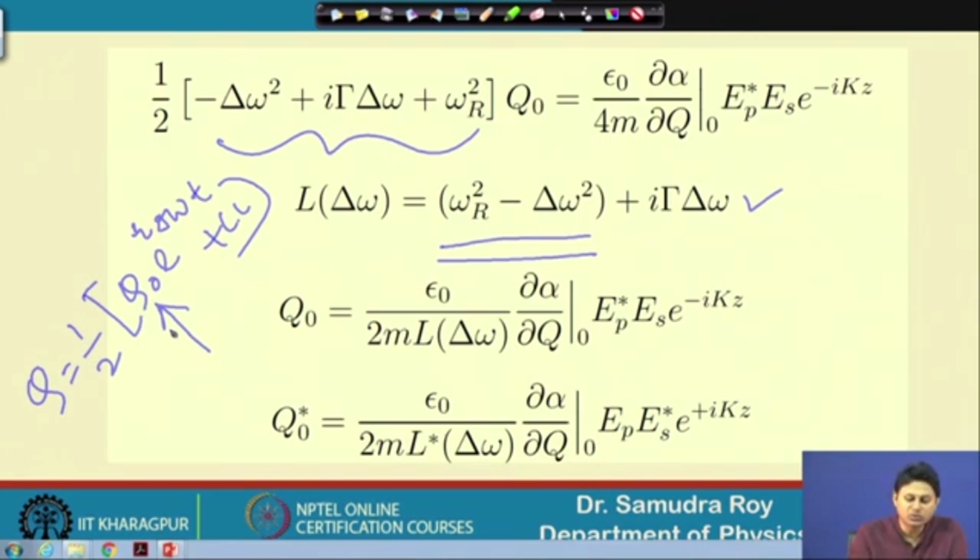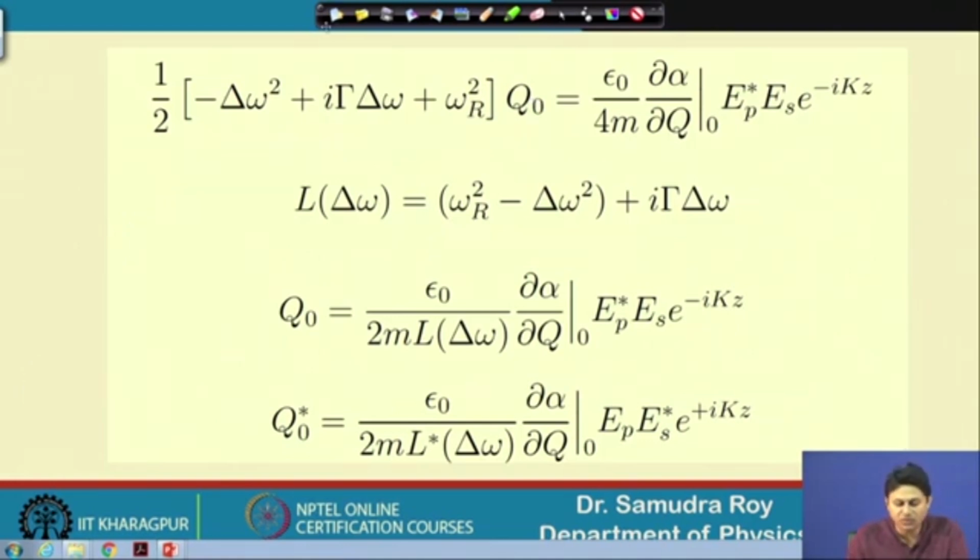Put this solution here and extract the value of q0. When we extract it, q0 is simply epsilon 0 over 2 m L of delta omega times del alpha del q at 0, E p star E s, e to the power of minus i k z.